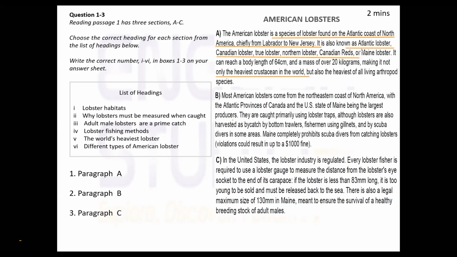Okay, guys. So the correct answer for paragraph A is the world's heaviest lobster. Why? Because sebenarnya kalau misalnya Miss Fatika tadi sebutin lobster habitats, di sini emang ada disebutin di mana kita bisa menemukan spesies lobster dari American lobster ini. Itu ada di Atlantic coast of North America, chiefly from Labrador to New Jersey.